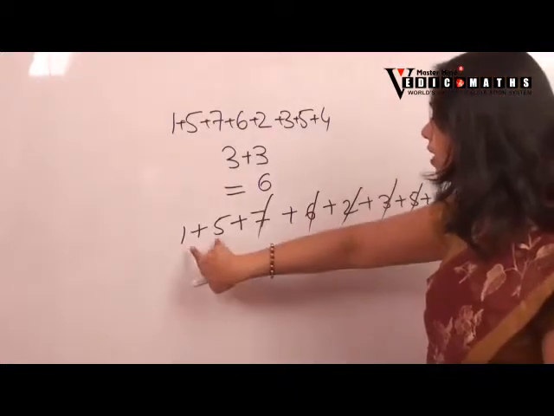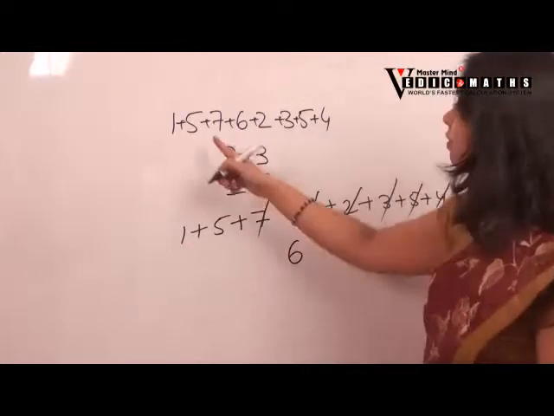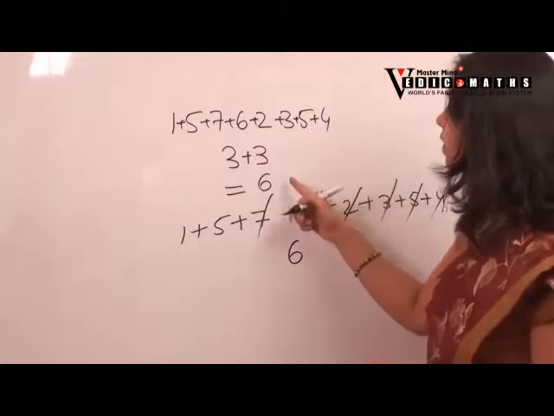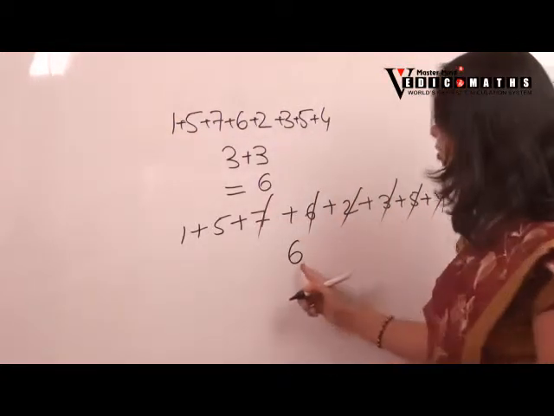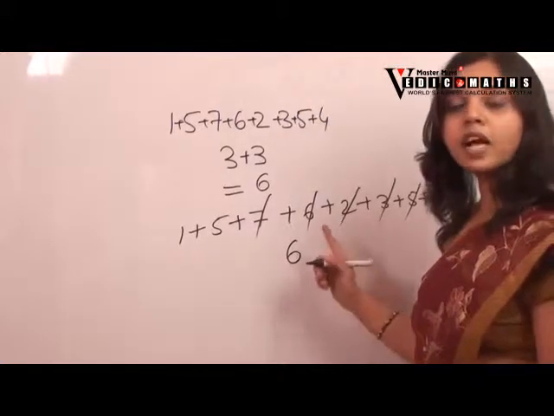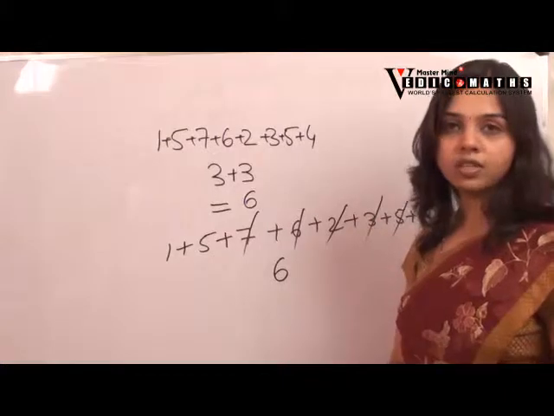We have only 1 plus 5. 1 plus 5 is 6. When we were adding all the numbers, we were getting 6, and we cancelled 9 and we got 6. That means 9 does not affect the answer. That's why this method is called Navanga.